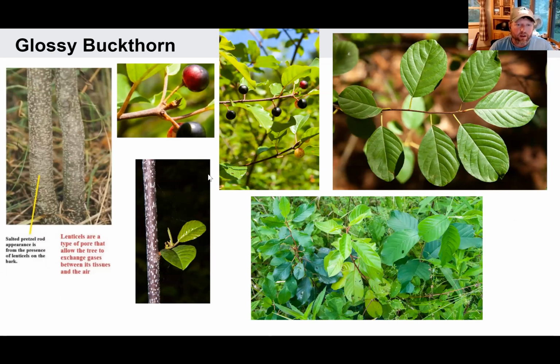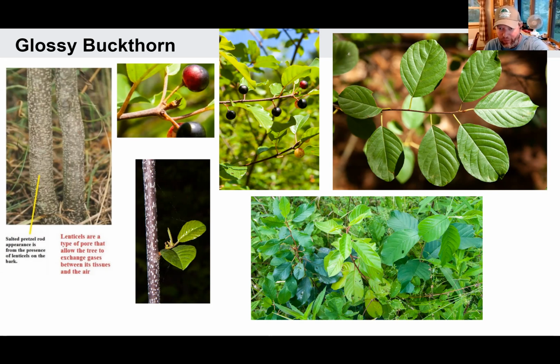So here's glossy buckthorn. A fun little thing to think of when you're looking at a smaller glossy buckthorn stem is that the lenticels appear to make a salted pretzel rod appearance on the bark. Here's an example of the red and reddish berry getting bluish to black as it's maturing, and you can see the leaf structure on that twig is definitely alternate.